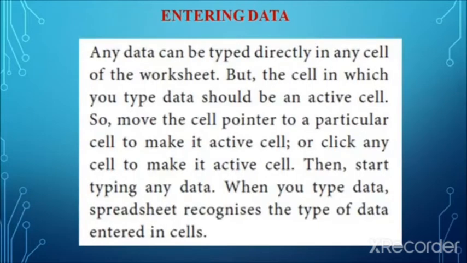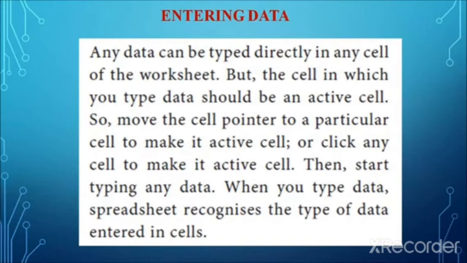Next we are going to see about entering data. In OpenOffice Calc, we can type the data anywhere in the worksheet, in any cell. The only thing is we have to check whether the cell is an active cell or not. If the cell is not active, we have to click the cell, or use the navigation keys to make it an active cell, and then we can type the data.